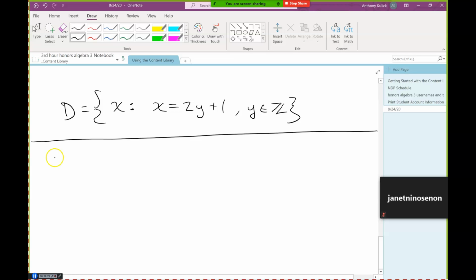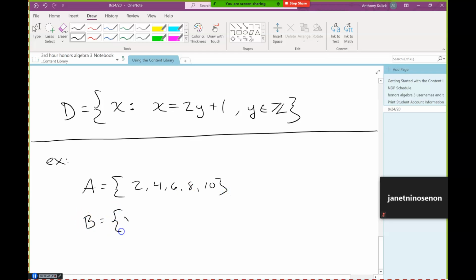Okay. So we've talked about 2 ways to describe sets, whether they're finite or infinite. So let's just do a little example of trying to determine membership. So let's say set A is the numbers 2, 4, 6, 8, 10.